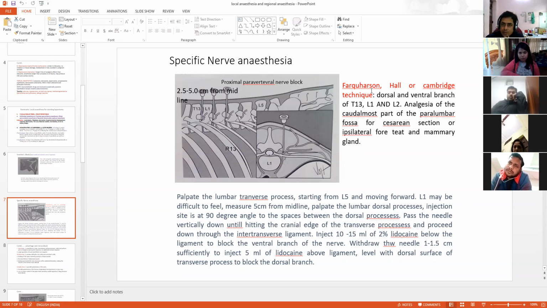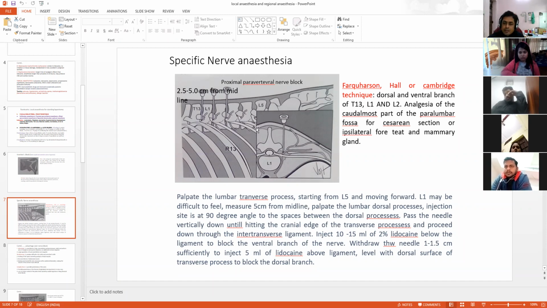So proximal paravertebral nerve block is also known as Farquharson Hall or Cambridge technique. This is the name of the scientist. In this we are going to desensitize the dorsal and ventral branches of T13, L1 and L2. With this technique, you are going to have analgesia of the caudal-most part of the paralumbar fossa.